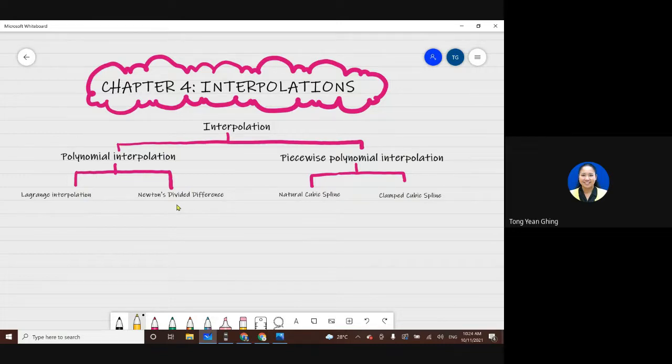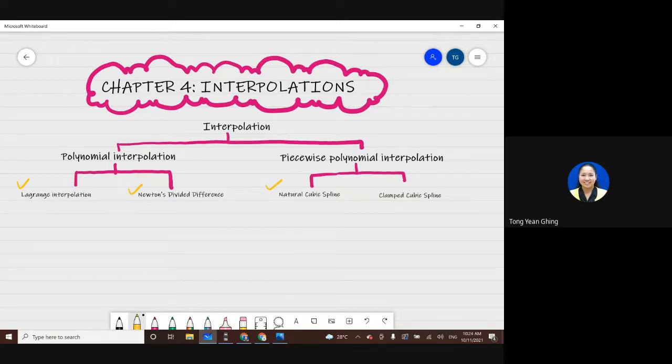For piecewise polynomial interpolation, there are also two methods: natural cubic spline and clamped cubic spline. But in your syllabus, the topics covered are only Lagrange interpolation, Newton divided difference, and natural cubic spline. The clamped cubic spline is not covered in your syllabus.